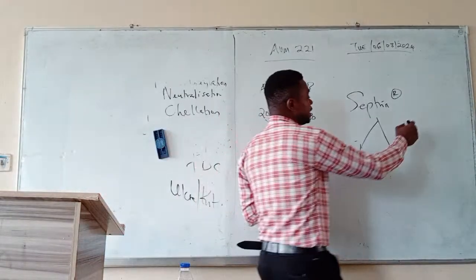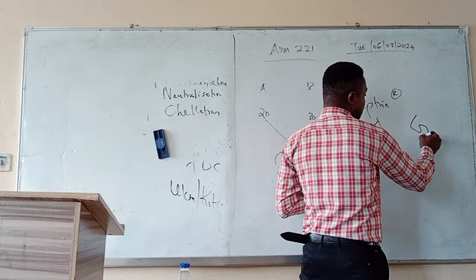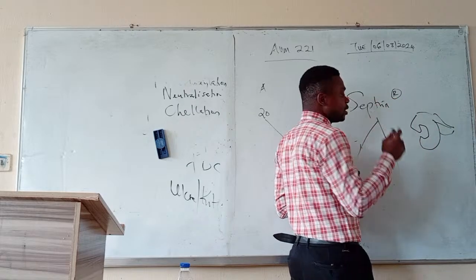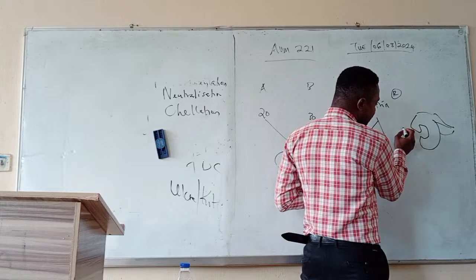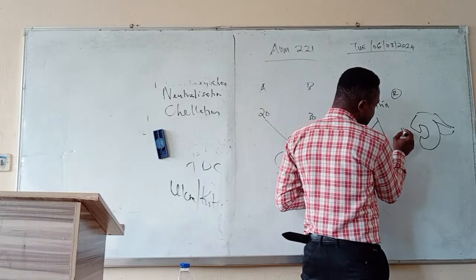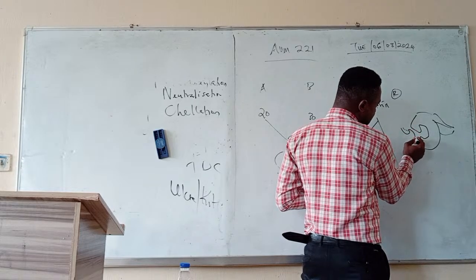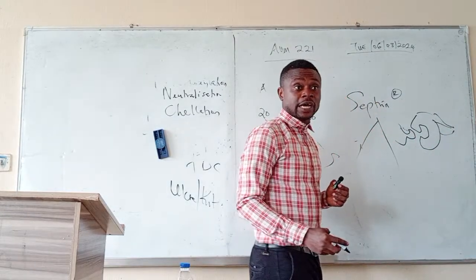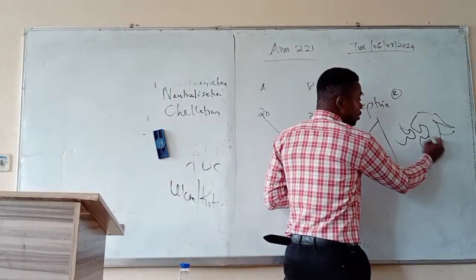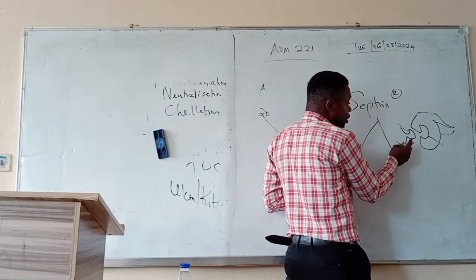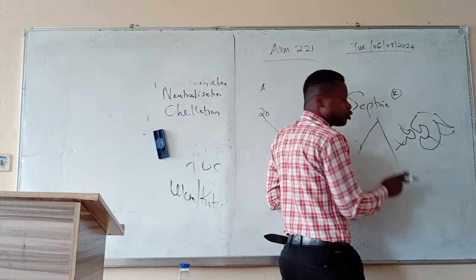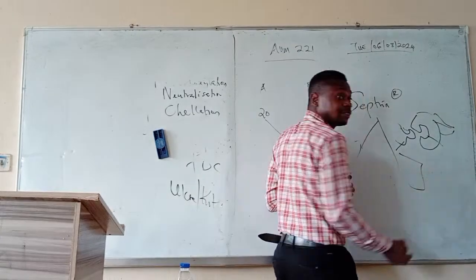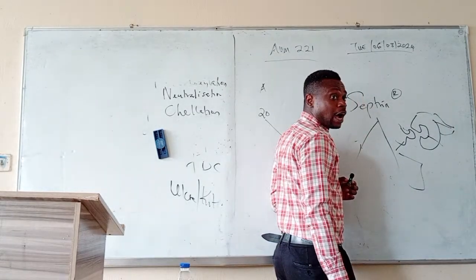If this is the receptor in the system, the agonist must have a shape like this so it can fit in. If it doesn't have this, if it has something like this, it cannot fit in. It cannot work. Am I communicating?